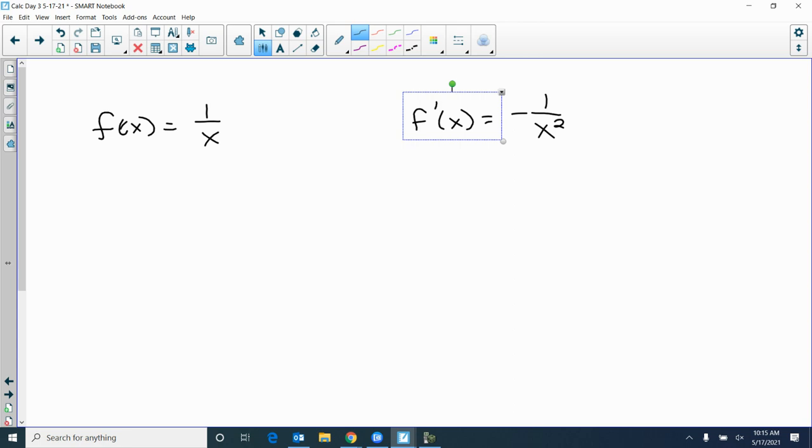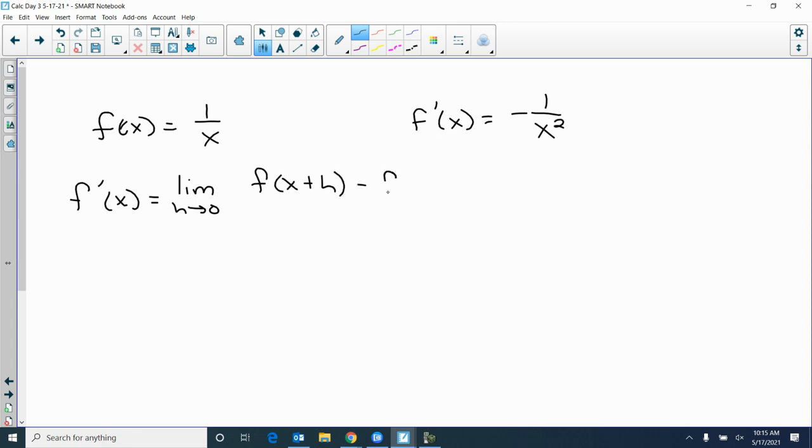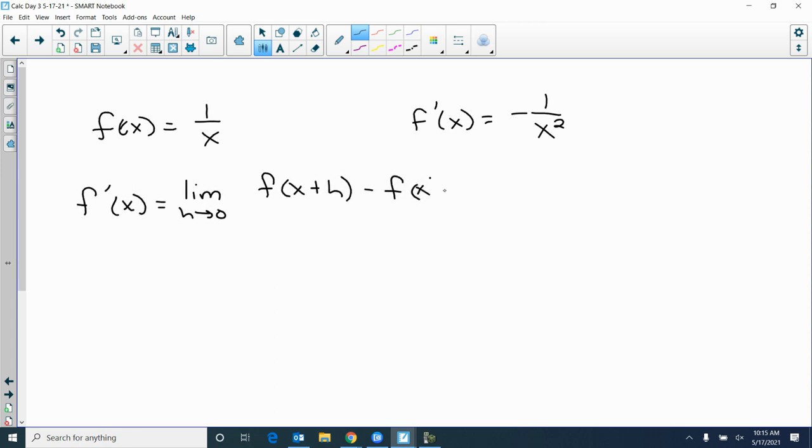All right, let's take a look at number 3 here. We got the answer. F prime of x is negative 1 over x squared. Let's work through there using the definition. So for f of x is 1 over x, the derivative is the limit as h goes to 0 of f of x plus h minus f of x all over h.